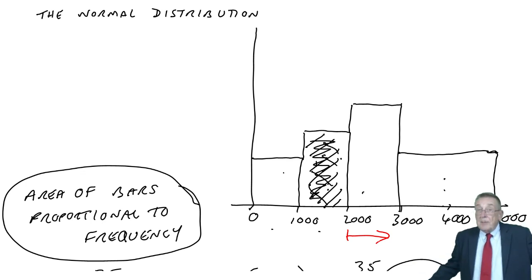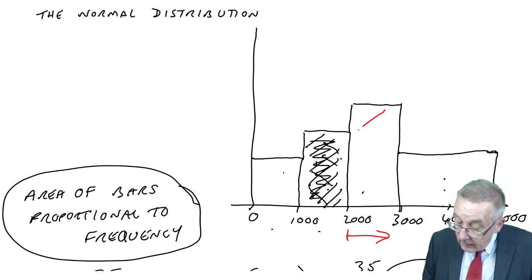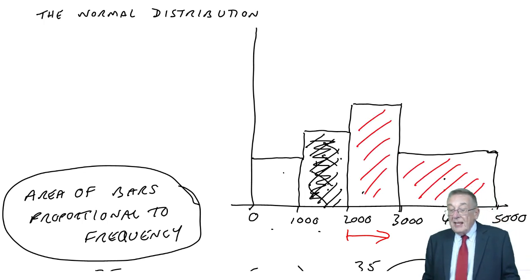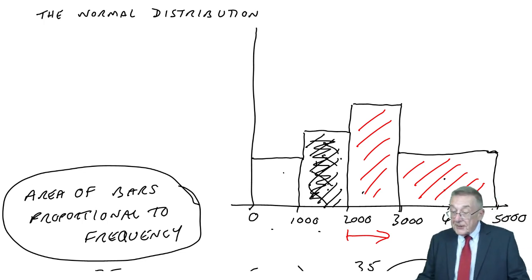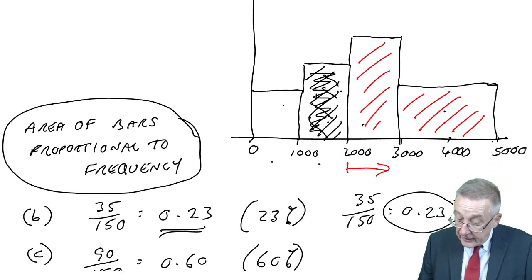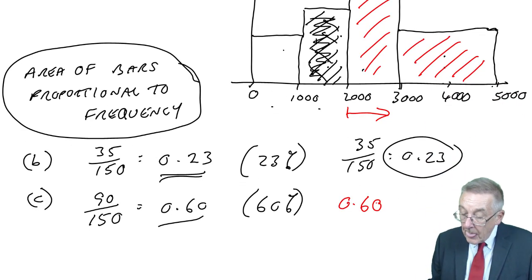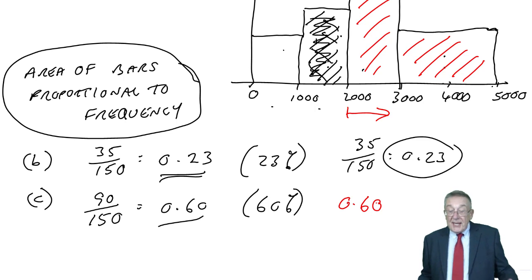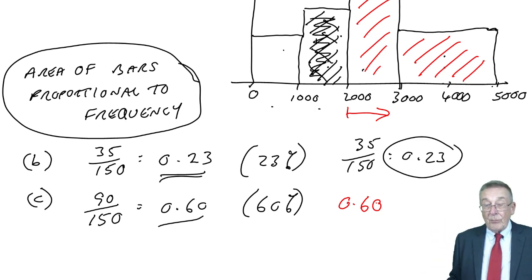The area of all the bars is proportional to all the people. We'd simply have to work out this red area as a fraction of the total area of all the bars. And if it had been drawn properly, we would find that those two red bars in total were 0.6 or 60% of the area of all the bars.